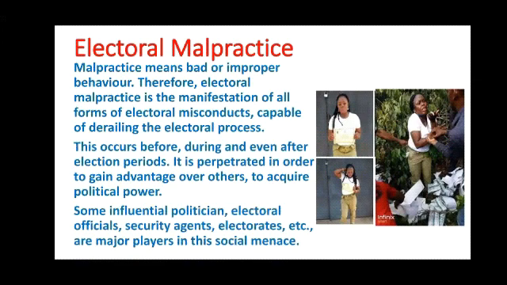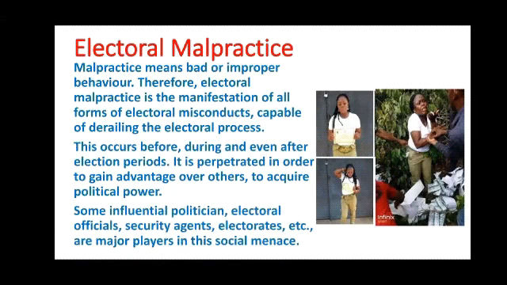Some, it could be through vote buying. They give electorates money to buy over their votes. And in other cases, through thuggery, use of thugs to intimidate voters, and snatching of electoral boxes and materials.